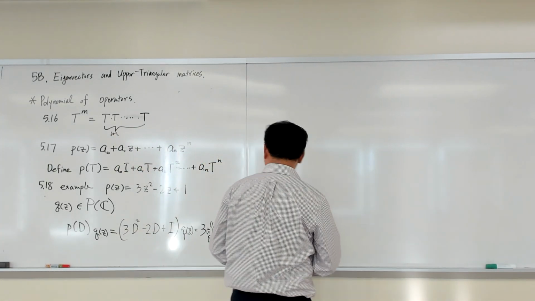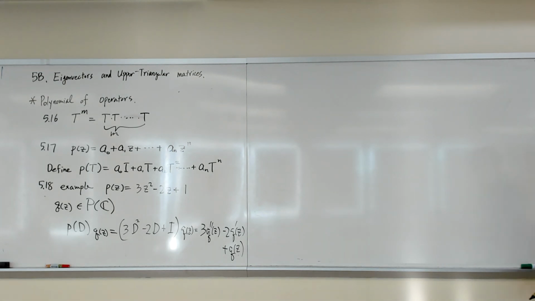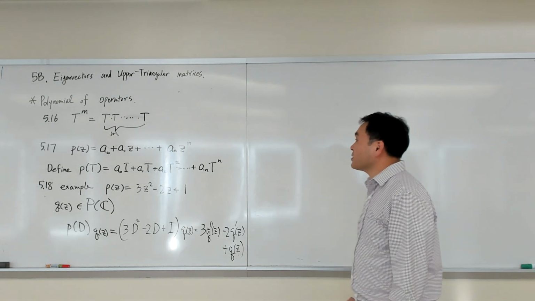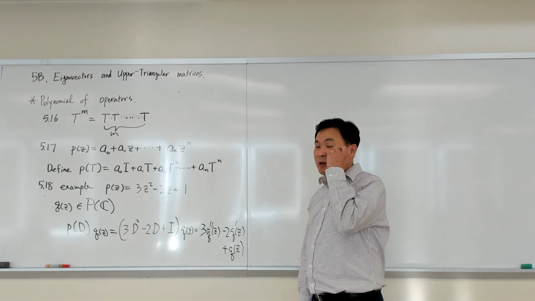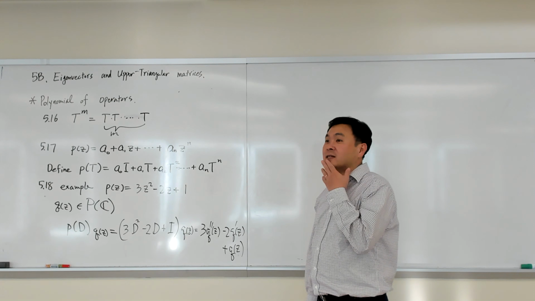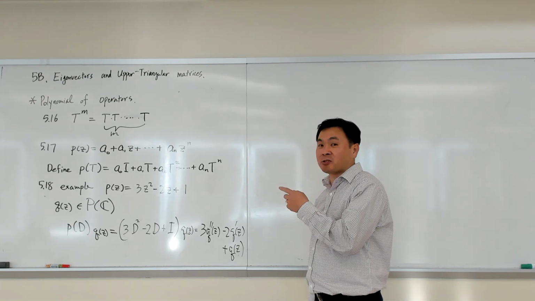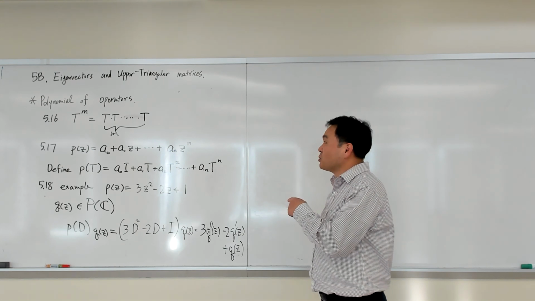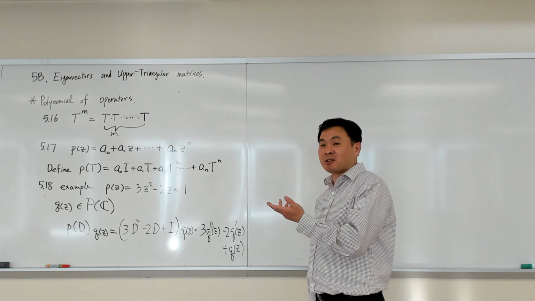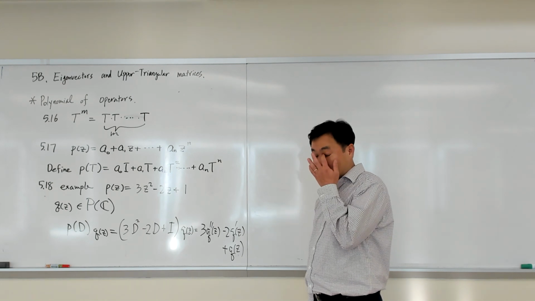Now, you've heard over and over again how in the world of matrices, commutativity doesn't work, right? And in fact, if I had two different operators, S and T, we can't say S times T is the same as T times S. That's usually not true, right?